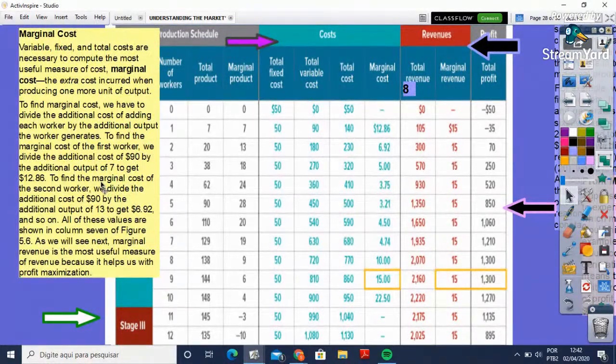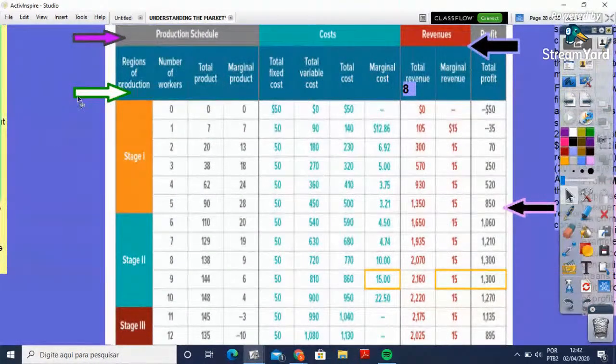To find the marginal cost of the second worker, we divide the additional cost of 90 by 13. Therefore, I will get 6.92. I'm doing well. I'm spending less. All of these values are shown here as you go down. Okay, let's go to our next part so we can understand this graph.